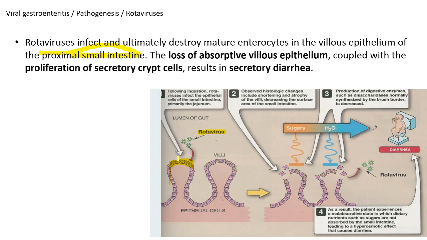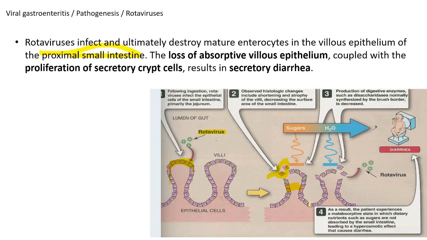It will infect those villi and will destroy those villi, will cause its cytopathic changes. So some of those enterocytes or epithelial cells lining here, they will start to shed off and die. And those villi will become blunted and shorter. The microvilli on the edge of the cells will also shorten.